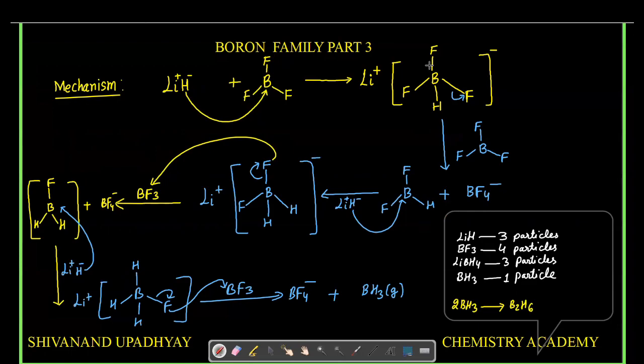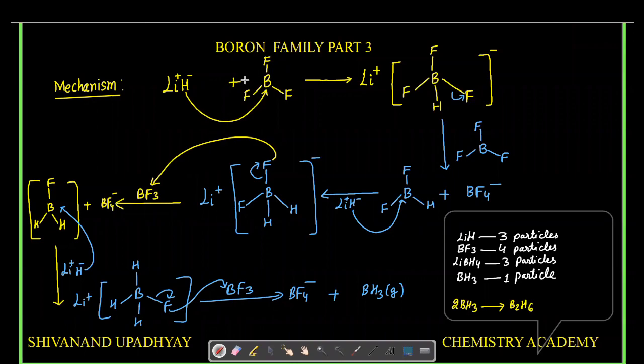But this is now converted into BHF2. Again, it is an electron deficient substance. So again, this molecule will react with lithium hydride, and this nucleophile will again attack on the vacant orbital of boron. And again, there is a formation of this reaction intermediate, and then there is removal of this fluorine.